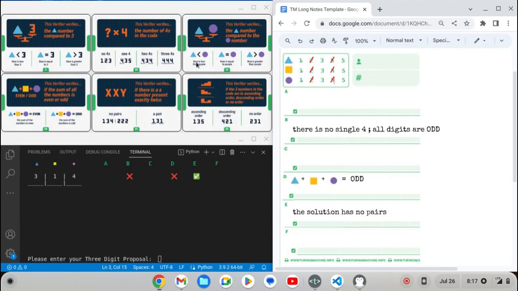Besides criteria card F, there really is no mention of square, other than criteria card D. It's in there, but not explicitly. So somehow this ordering could come into play.